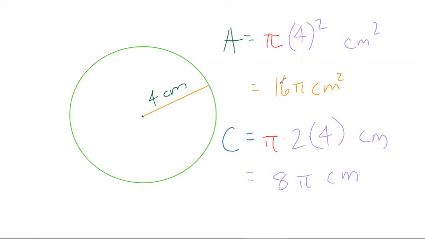All right, so let's say that you were trying to find the area of only one slice of a circle. Let's say that this slice is 1/4 of the actual circle itself. If this is 1/4 of the circle, what would this angle right here be?